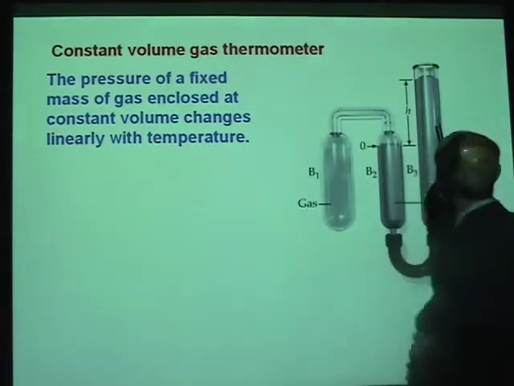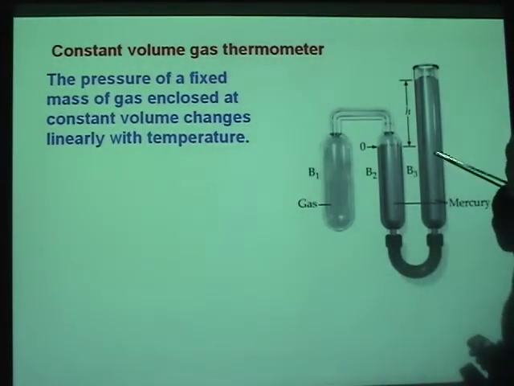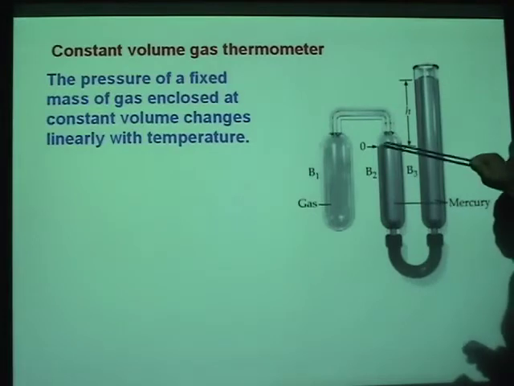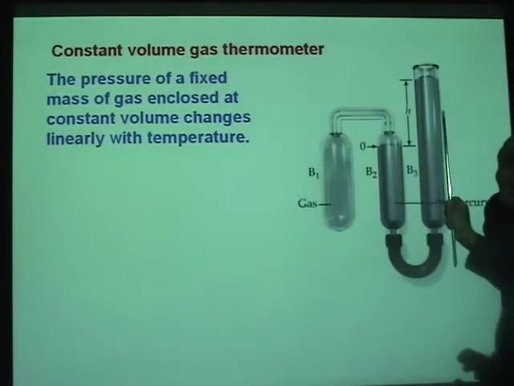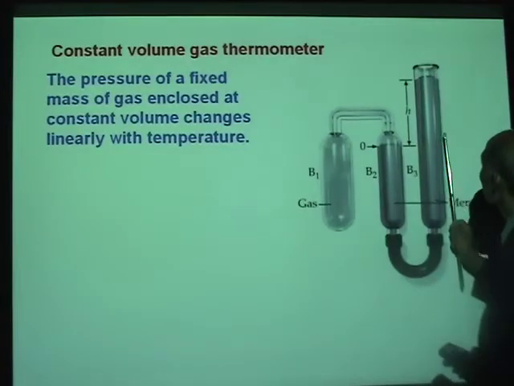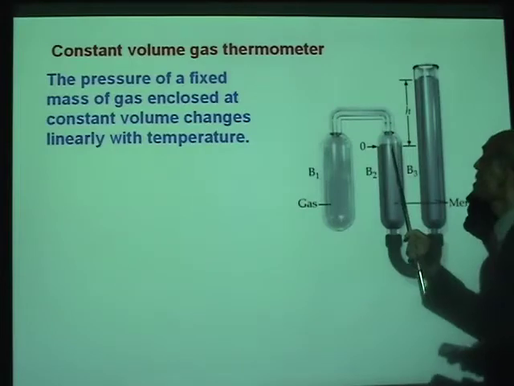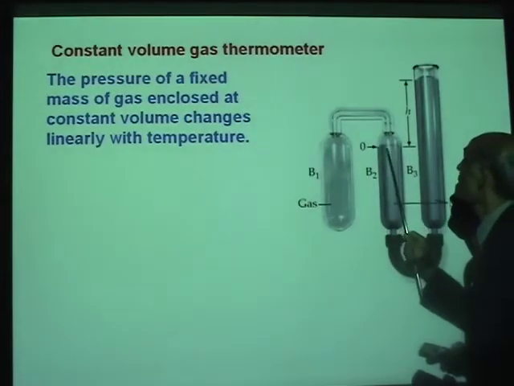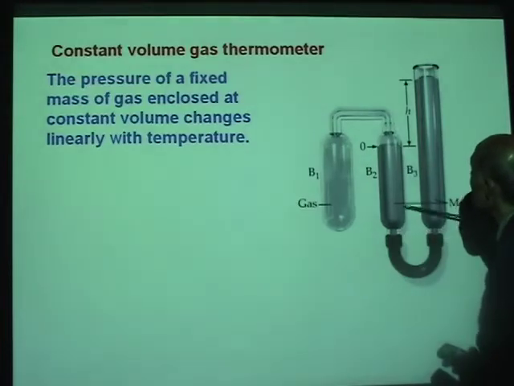Now this glass tube can be raised or lowered, and you can see it contains mercury. Mercury is contained in here, and by raising or lowering the tube on the right, you can change the level of mercury in the closed tube. You see, this is the closed tube.